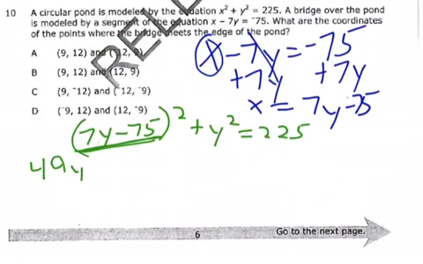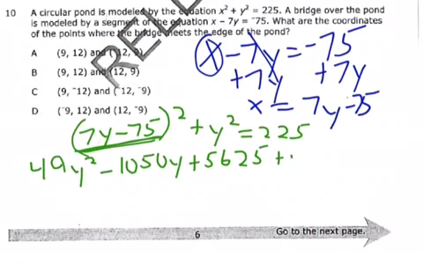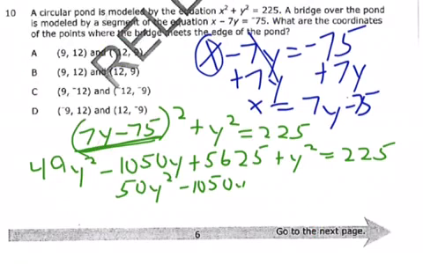And I'll get 49y squared minus 1050y plus 5,625 plus y squared equals 225. And then combine my like terms. I'm going to get 50y squared minus 1050y plus 5625 equals 225.